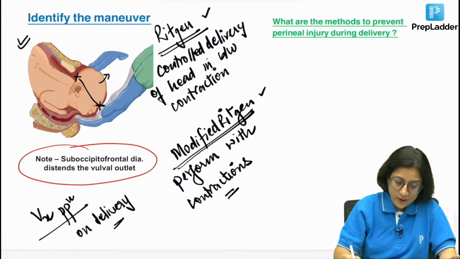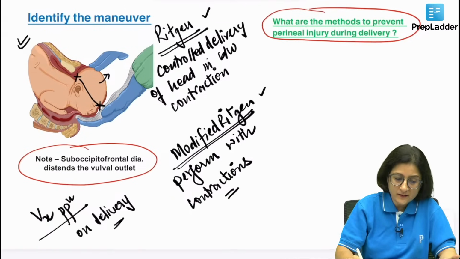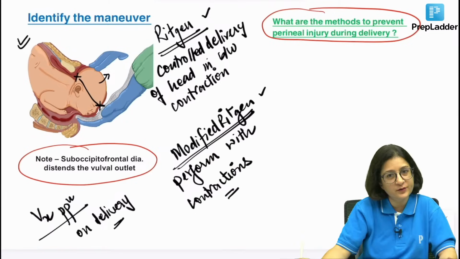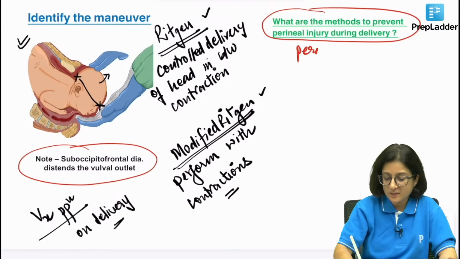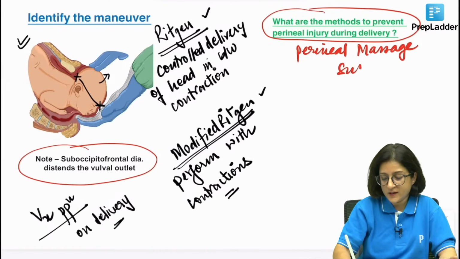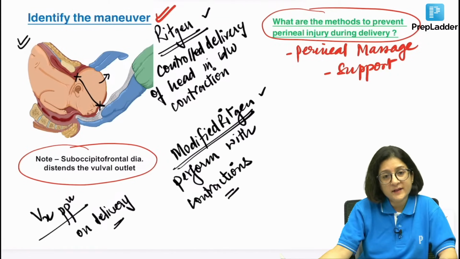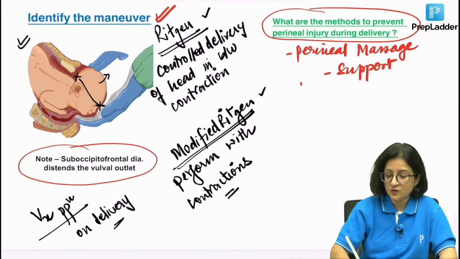Next question pointer, what are the methods to prevent perineal injury during delivery? Yes, perineal massage is there, perineal support is there, right? And this Ritgen maneuver is also there. What I want you to understand is warm compress is also there.